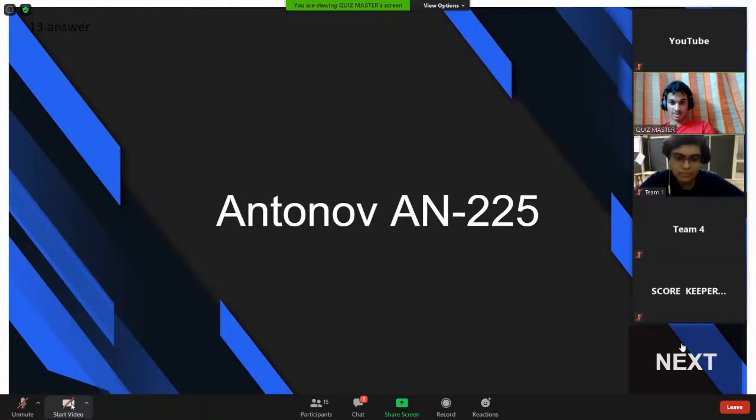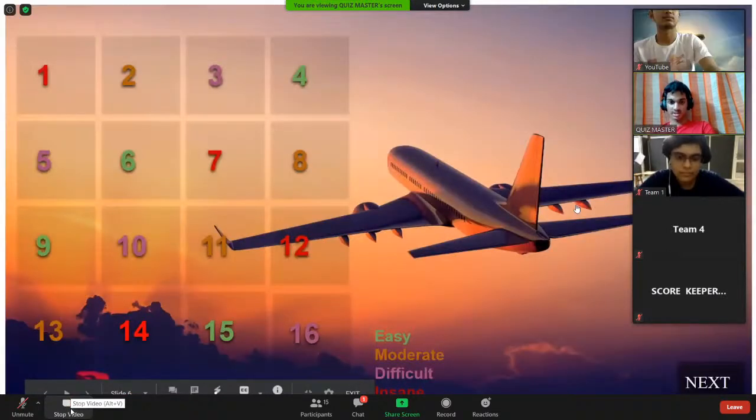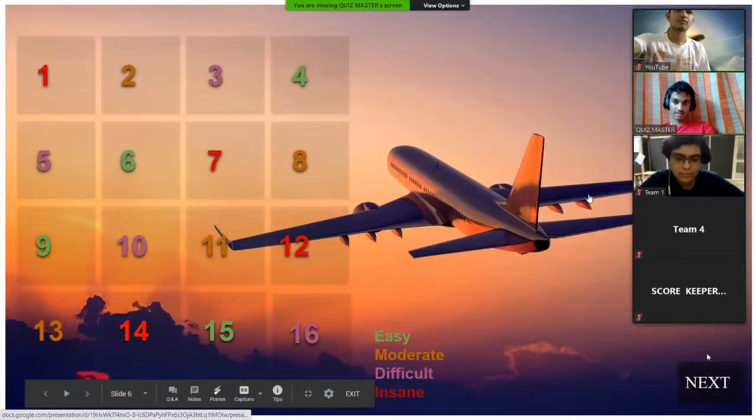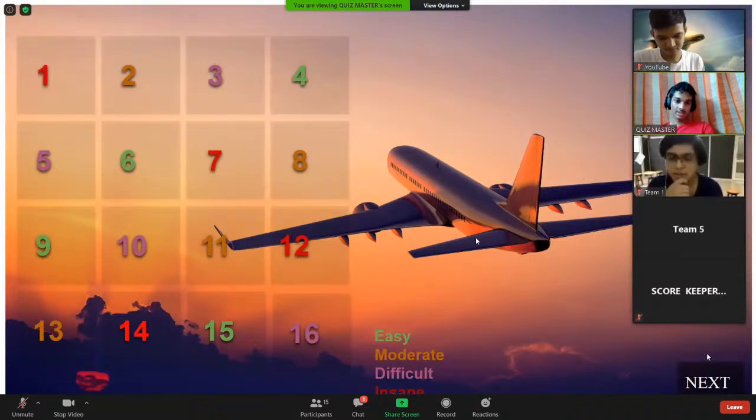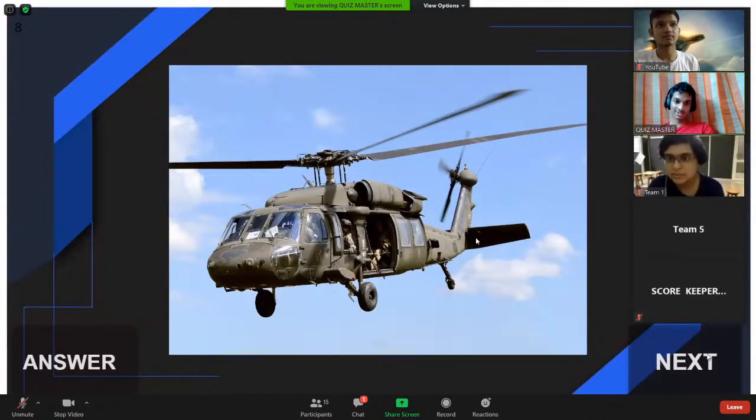Okay. Next question. This is direct to team 5, I think. Team 5, do you have a choice for me? 8. Okay, a moderate question. I think one of the most produced military helicopters there is.